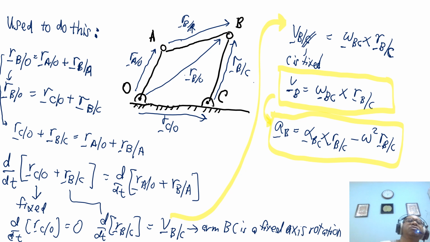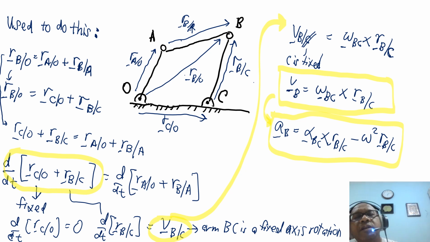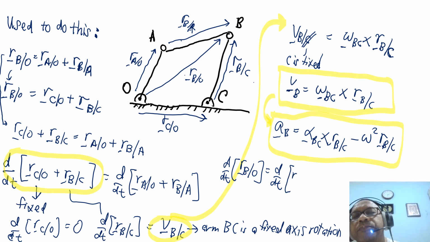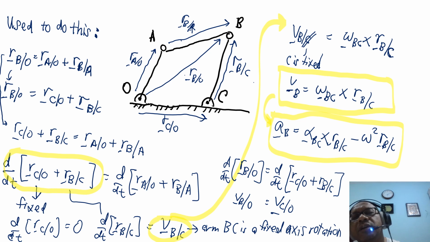And what does it say from this small exercise? Well, if we look at this box here, the answer that we get says that d over dt of position vector B relative to O equals d over dt of position vector C relative to O plus position vector B relative to C. That gives VB relative to O equals... sorry, let me correct.